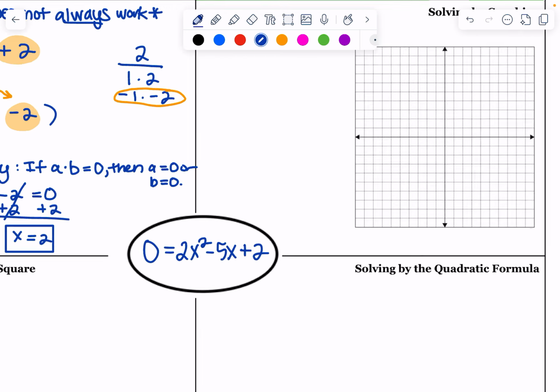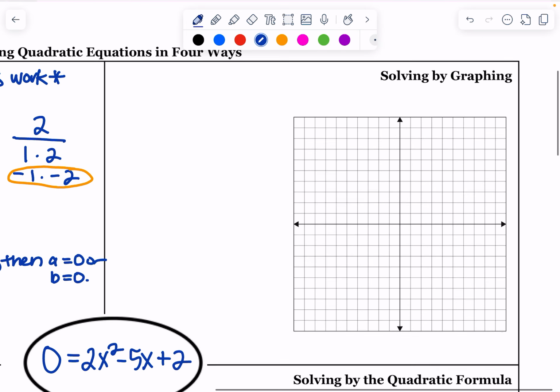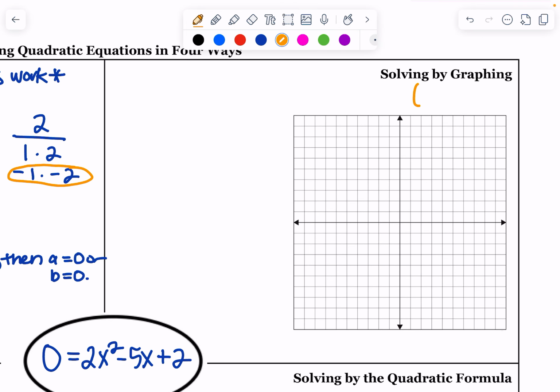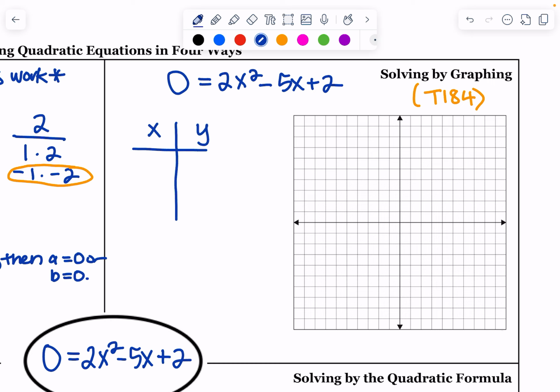Okay, the next method that we're going to use is graphing, and I would highly suggest using a TI-84 calculator, but if you do not, I'll talk you through how to do it by hand. So I'm going to rewrite the equation, 0 equals 2x squared minus 5x plus 2, and I'm going to make a t-chart, pretending that this 0 is a y equals and putting it there.